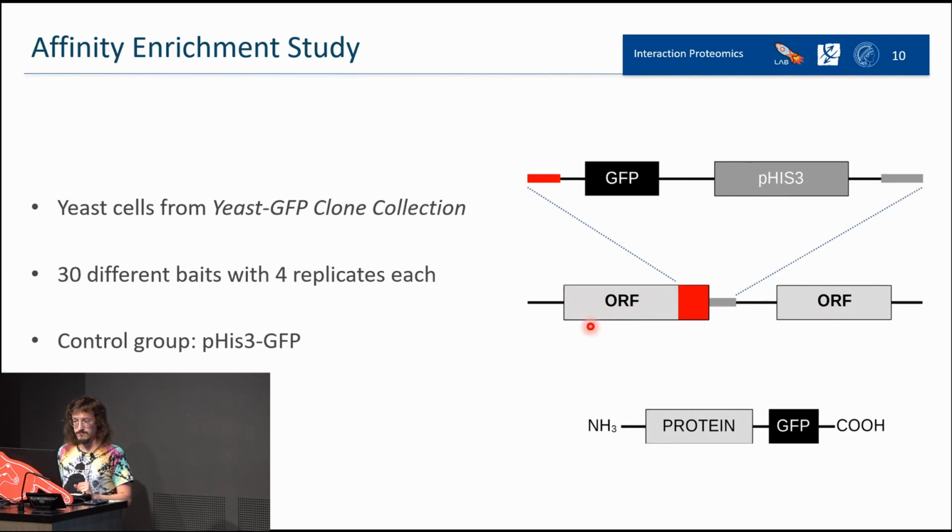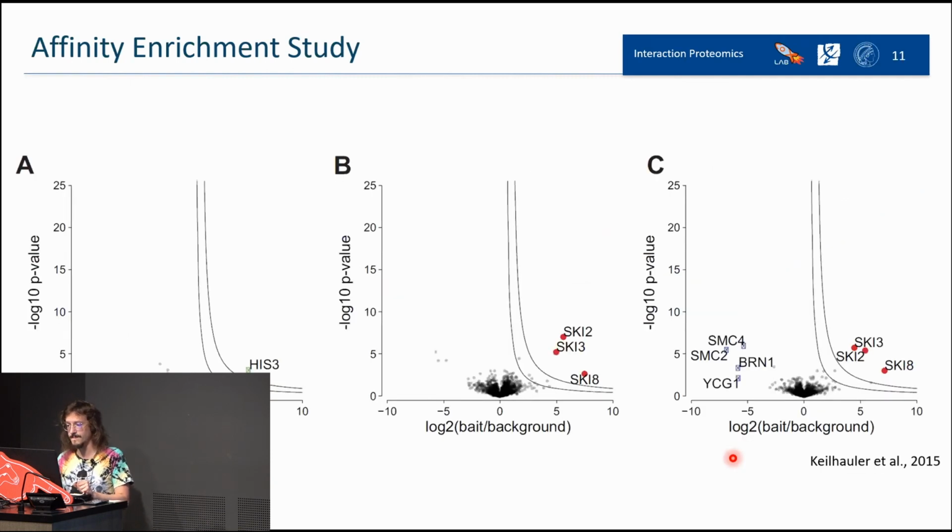And in this specific case, they used as a negative control a histone protein, because they were expecting this histone protein not to form complexes with any of the other proteins they were interested in. And then a specific strain of yeast was used for the experiment.